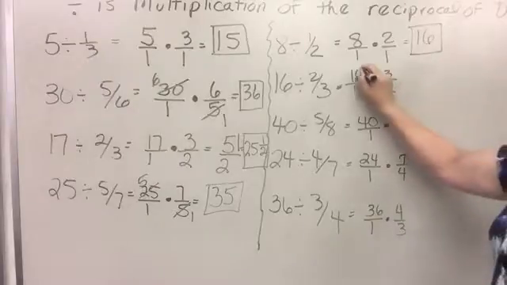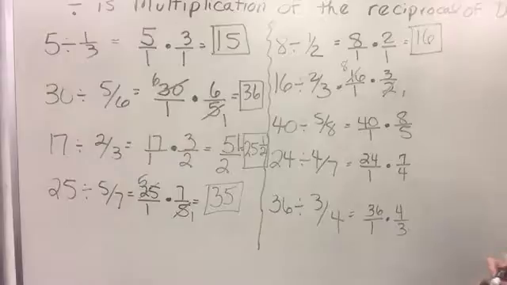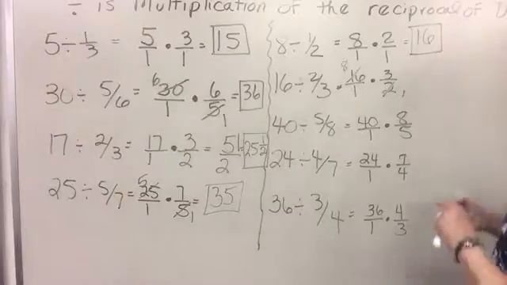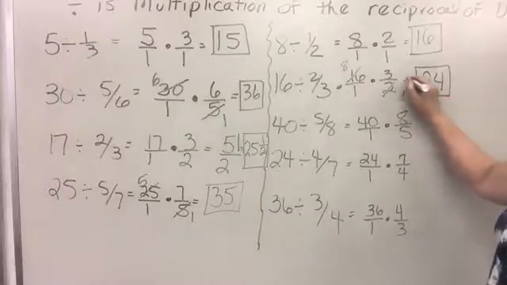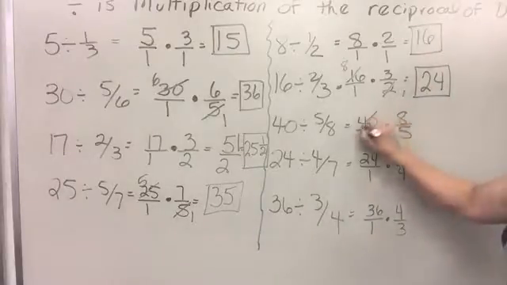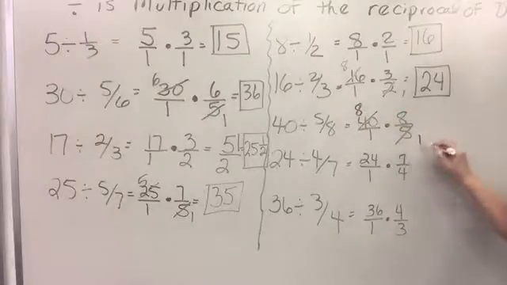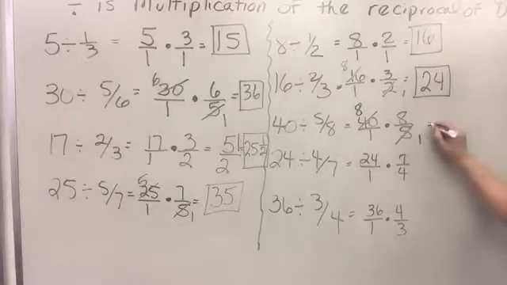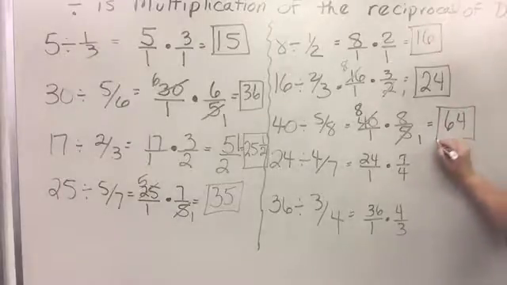And here, we've got the 16 and the 2, which will cancel, leaving us with a 24. Okay, over here, our 40 and our 5 will cancel with an 8 and a 1. Okay, so we get 8 times 8 is 64 over 1, which is 64.